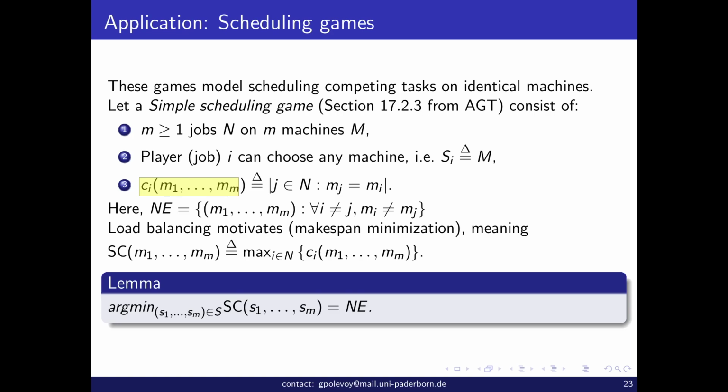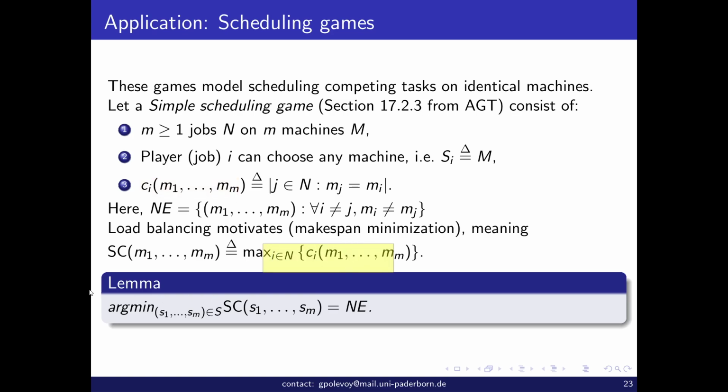And now the social welfare, or the social cost, is not the total cost, but we use the idea often used in scheduling, that the last person, or the person who suffers most, has to be cared for. So we want the maximum cost to be minimized. So the social cost, which we care about, is the maximum cost.